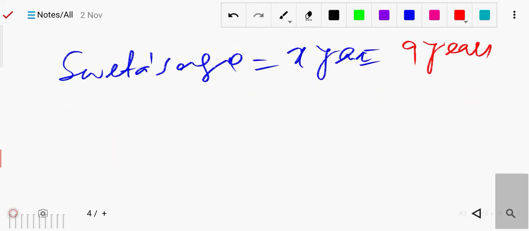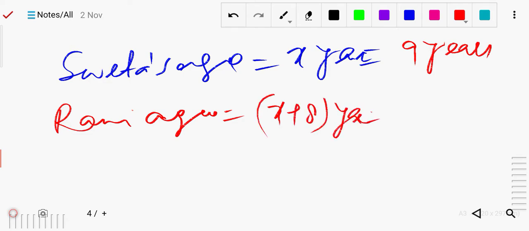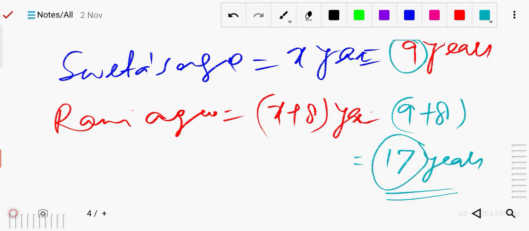And Rani's age we have assumed x plus 8 years. x value is 9, 9 plus 8, which is 17 years. So Rani's age was 17 years and Sweta's age was 9 years.